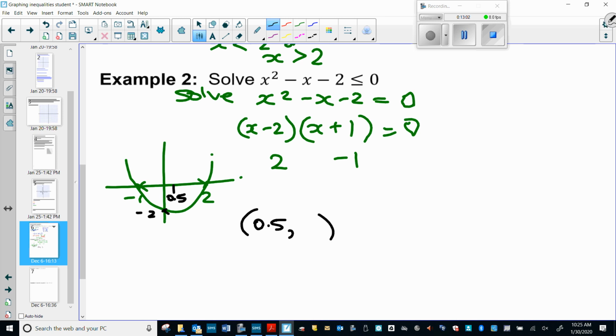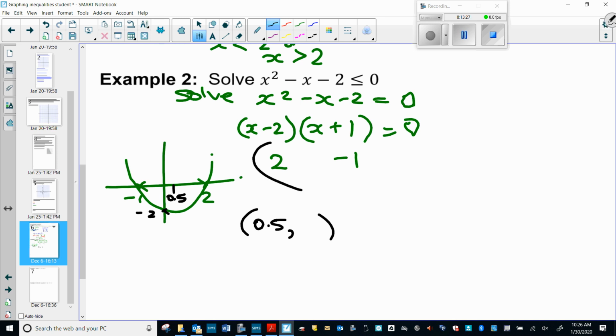Yes, Lena? Why did you switch the signs of the 2 and the 1? Because remember, when we're solving a quadratic, either this bracket has to end up being 0 in order for things being multiplied together to answer 0, or this bracket would be 0. If this bracket was 0, the value of x has to be 2, because 2 take away 2 is 0.